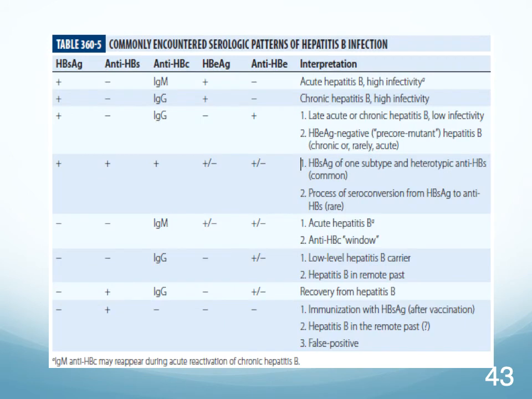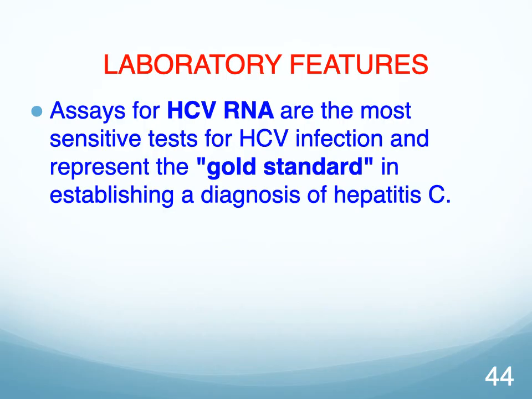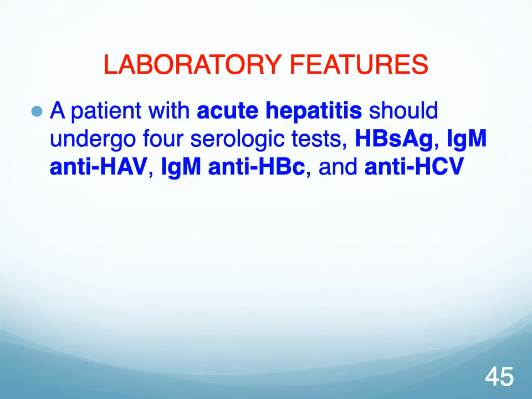So again, try to memorize this table. It might come out in the exam. The assay for HCV, HCV RNA, is the gold standard and the most sensitive. And in acute hepatitis, you see patients with jaundice.